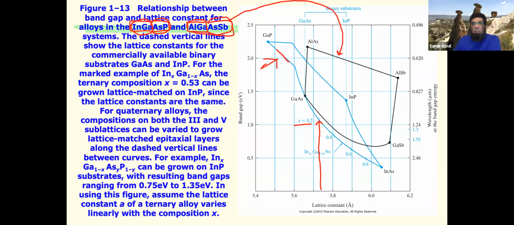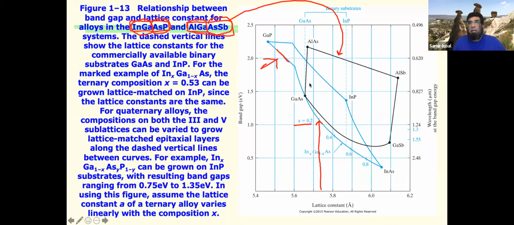What's happening is we have defined a system of materials where we say, okay, we can mix 2 of group 3, 2 of group 5, and we can create an alloy. And we can change relative proportion of group 3, relative proportion of group 5.